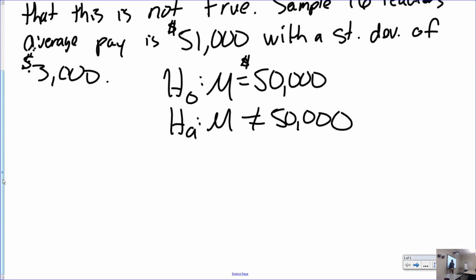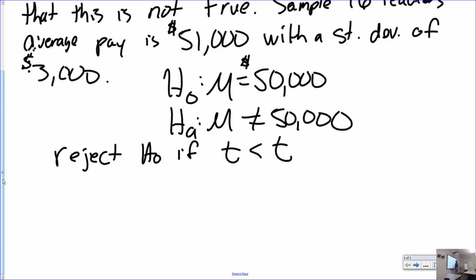Now, remember that we can reject the Ho if negative t is less than negative t sub alpha over 2, or t is greater than t sub alpha over 2.